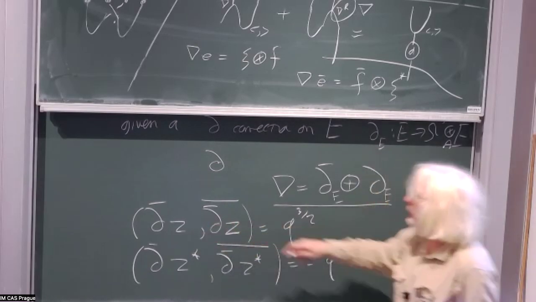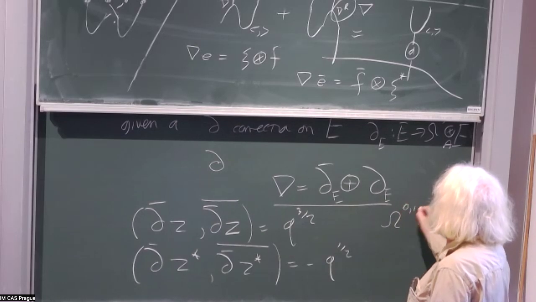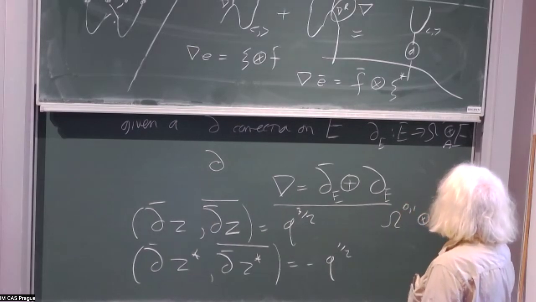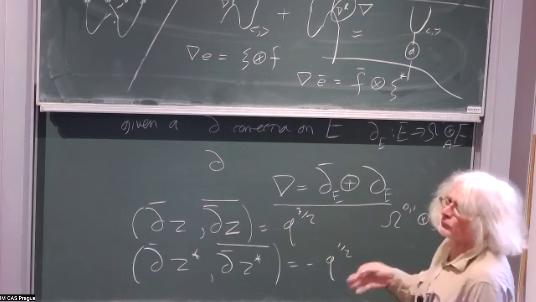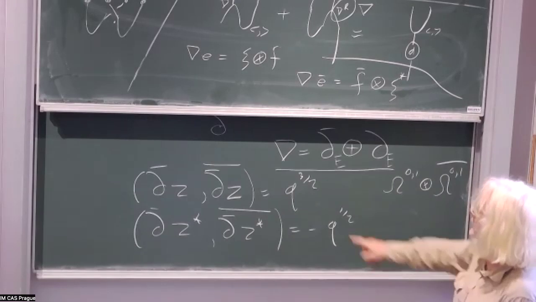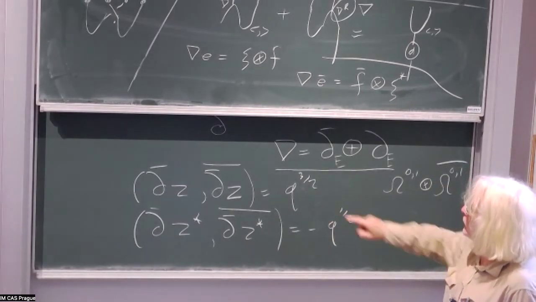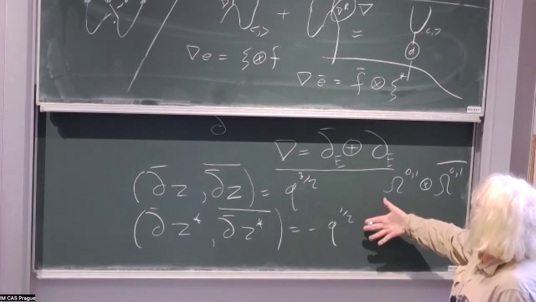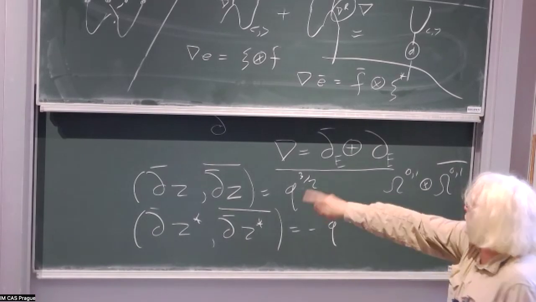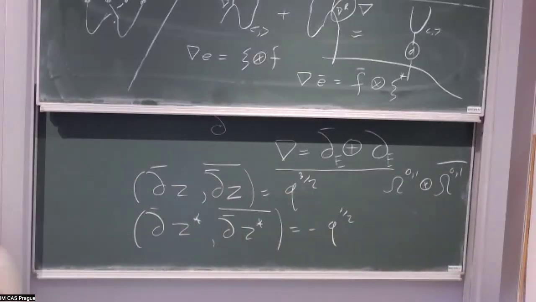So if we look at the inner product, and this is going to be on omega 0,1 tensor omega 0,1 bar, doesn't matter, you can just move these into each other by using star operations. You get these values coming out of it, and the other two values are 0.